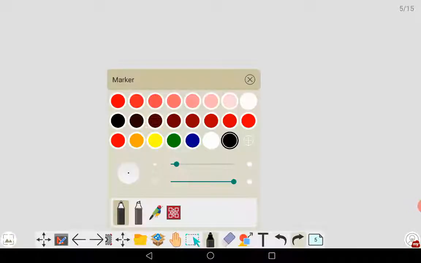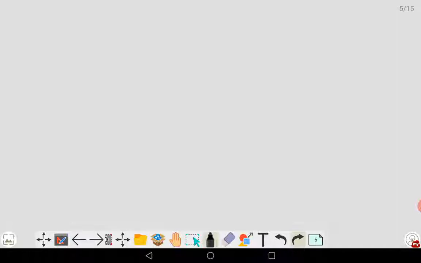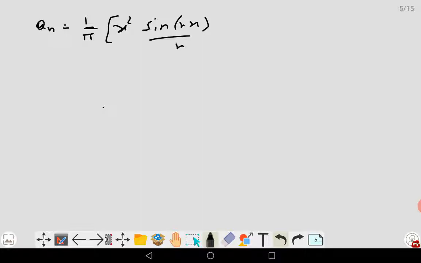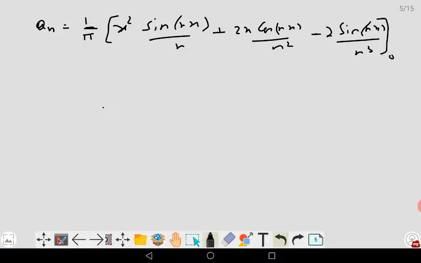What happens when you substitute the upper limit? Now we are finding an, with 1 over pi outside. You want to write the term one more time: x squared sine nx over n plus 2x cosine nx over n squared minus 2 sine nx over n cubed, from 0 to 2 pi.